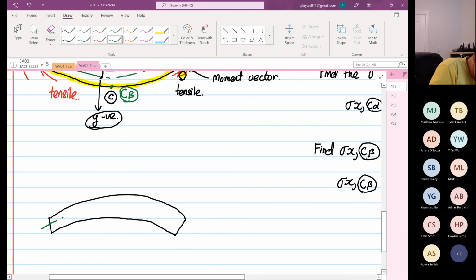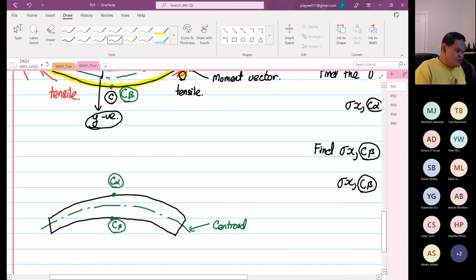This is our centroid. And then at point C, this is still our point C. I'm not going to change anything. I'm still going to call this point C alpha. Now this is our point C beta.